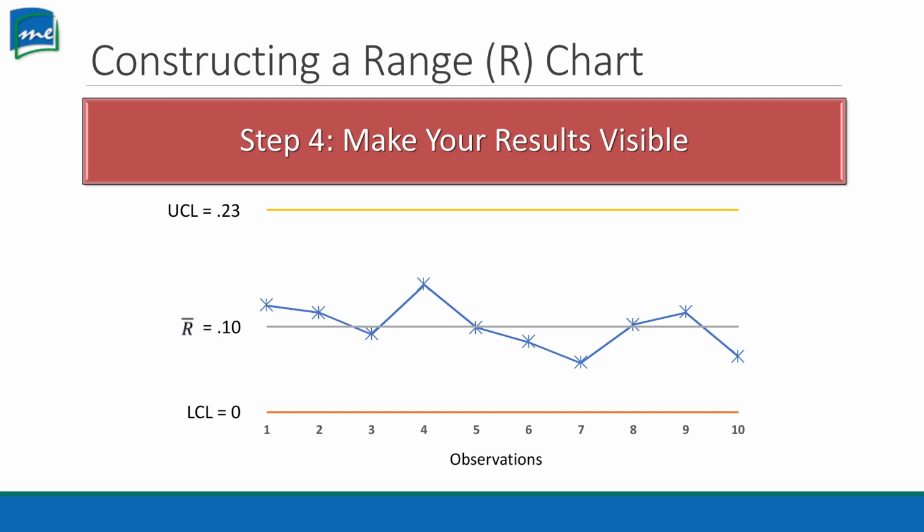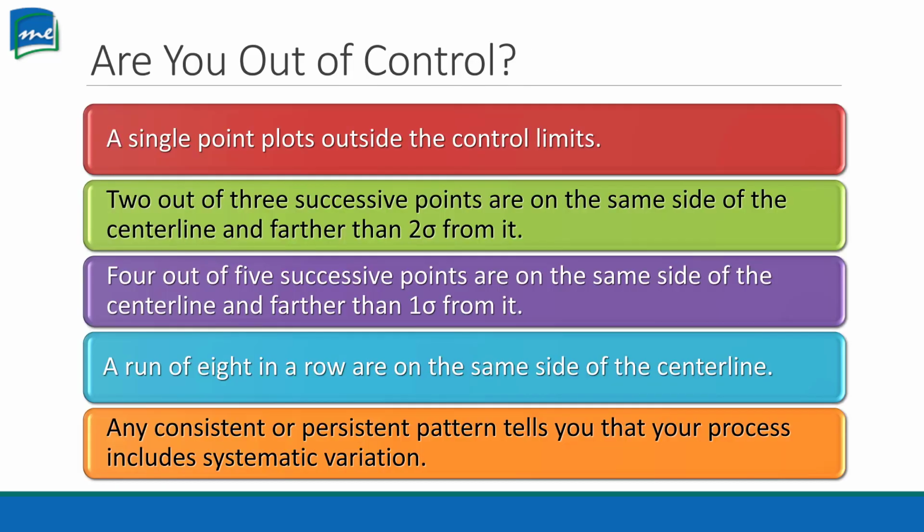So how do you determine if it's in control or out of control? Well, we have these 5 rules. Now there's more rules, but these are the major ones. So the big one that I was looking at: a single point plots outside the control limits.